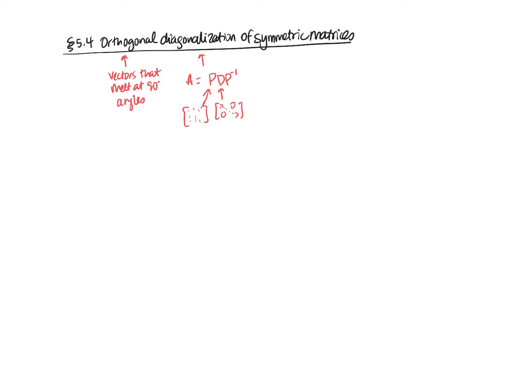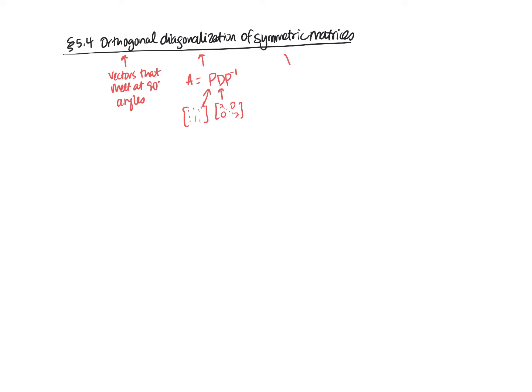So we can say that the matrix A is similar to the diagonal matrix, and the matrix that gives us that similarity is the matrix P, made up of those eigenvectors as the columns. Then we know how to find the inverse of P.